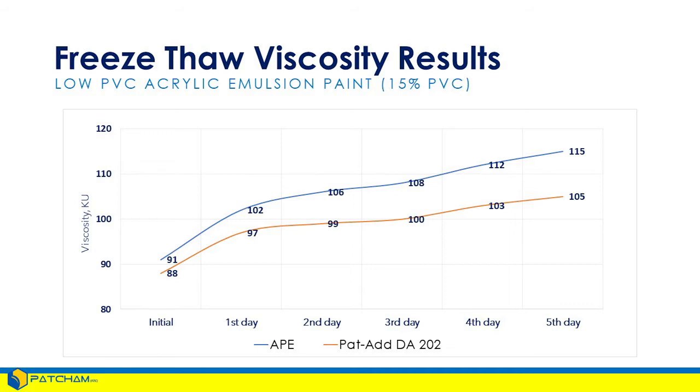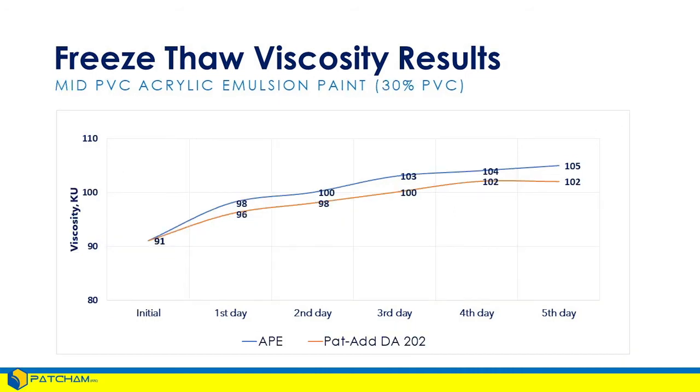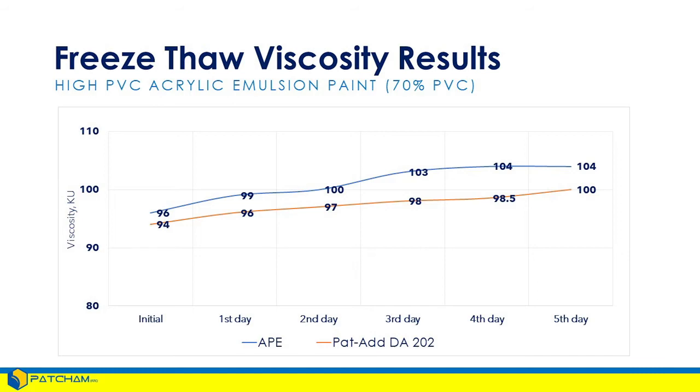The slope on the 202 is slightly less, so measurably better, marginally. This is in the low PVC paint. Pretty equivalent in the medium PVC paint, but still measurably minimal improvement. And then in the high PVC paint, again, equal or measurable slight improvement.